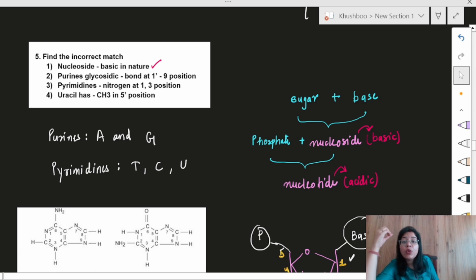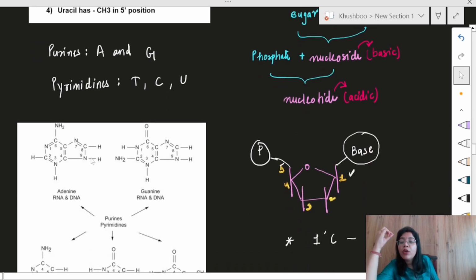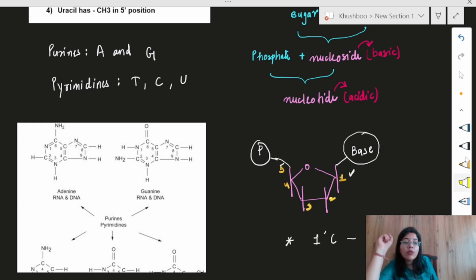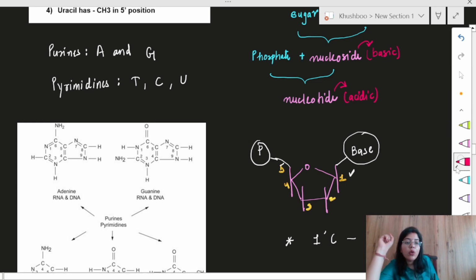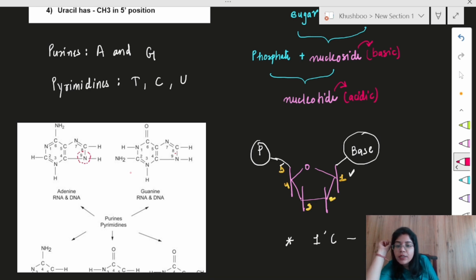So when it is a purine, the ninth position will always be attached to the first carbon of the sugar, right? So the ninth position, can you see in this diagram? This is all not there in NCERT. Okay, so don't get worried. This is the ninth position. In adenine, the ninth position is here. In guanine, the ninth position is here, right? Some differences are there only. The ninth nitrogen is there. This will interact with the first carbon of the sugar, right?